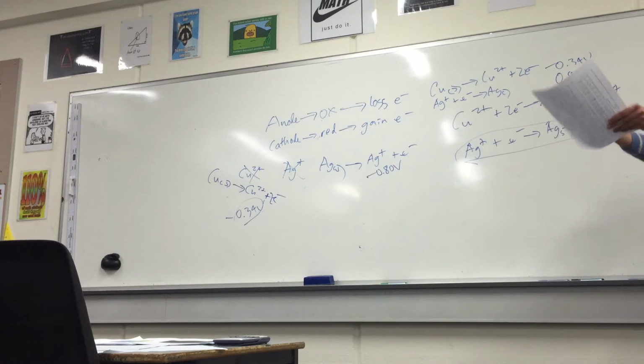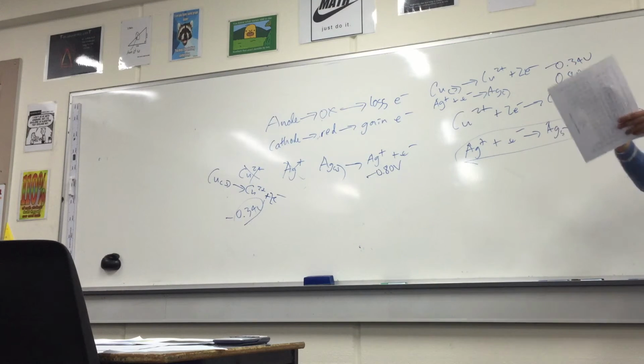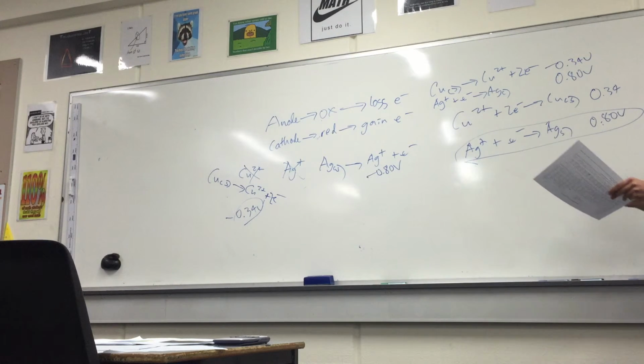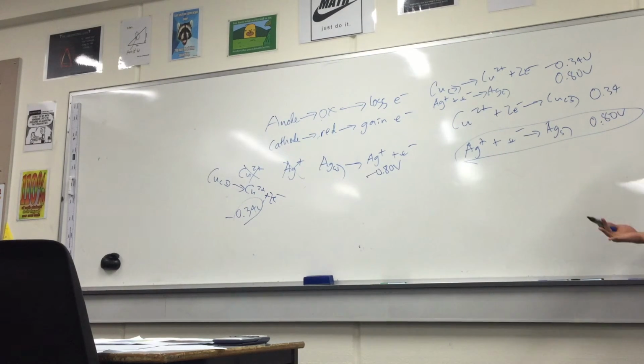Because at my anode it's taking me 0.34 volts for that reaction to happen, and my cathode is giving me 0.80 volts. So logically my total voltage for that galvanic cell, I just add the two. Does that make sense? 0.46 volts. Does this make sense? Yes.